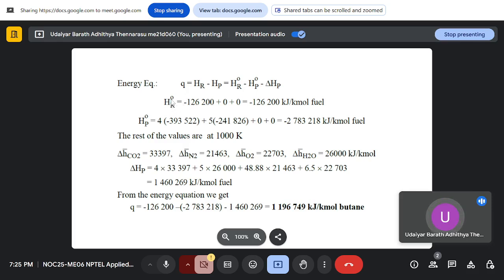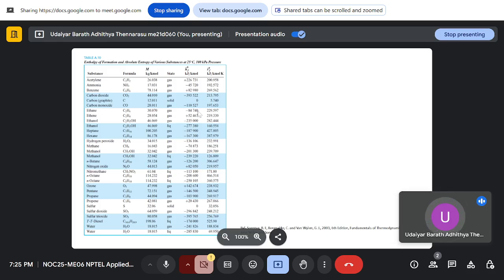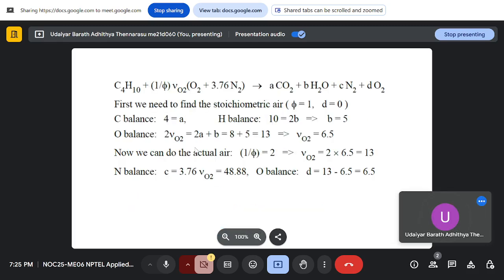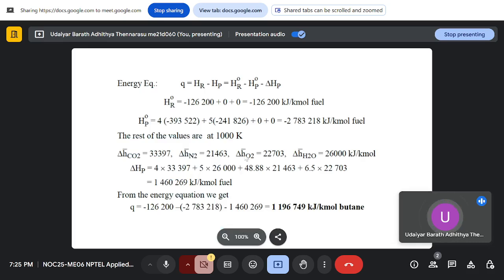So H naught R, the reactant, sorry, C4H10, it's butane. N-butane is 126200 kilojoule per kilomole.